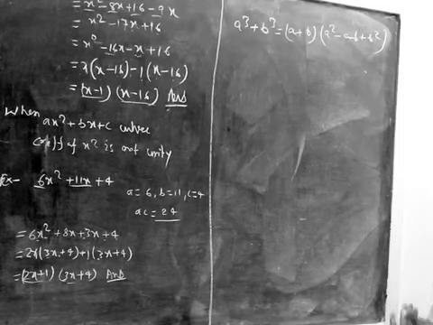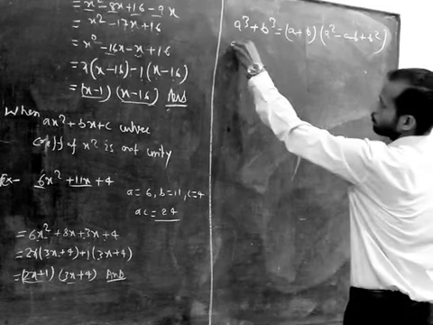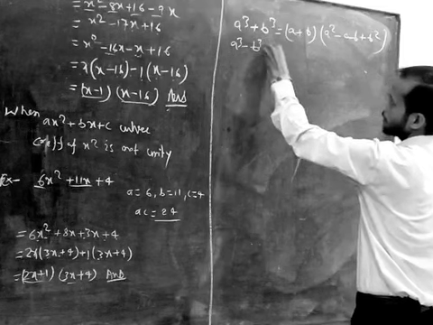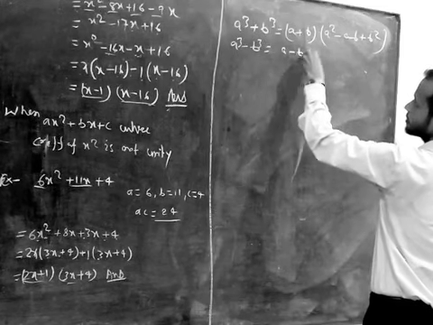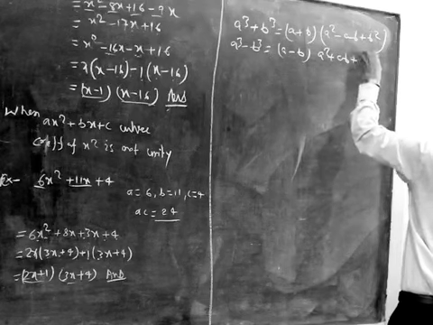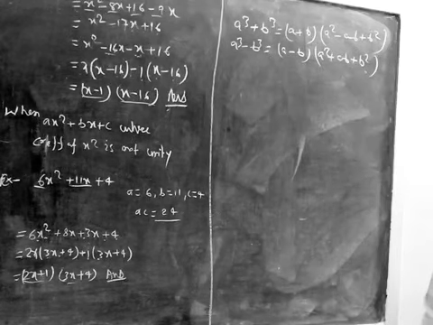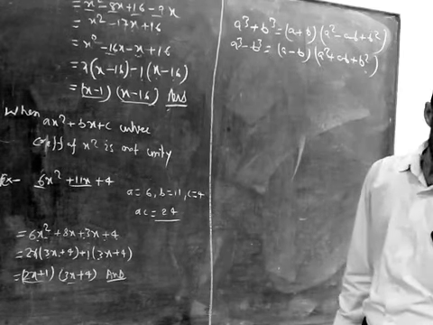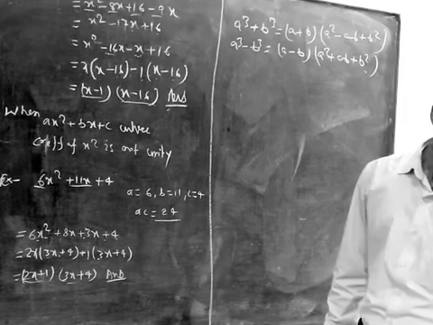And hence a cube minus b cube is (a minus b)(a square plus ab plus b square), and this is the product form.